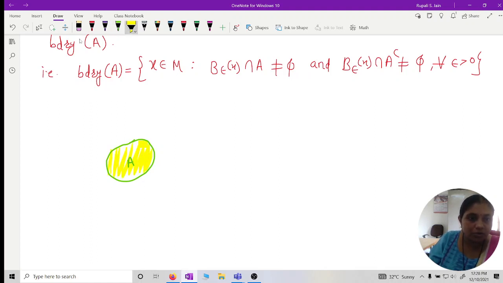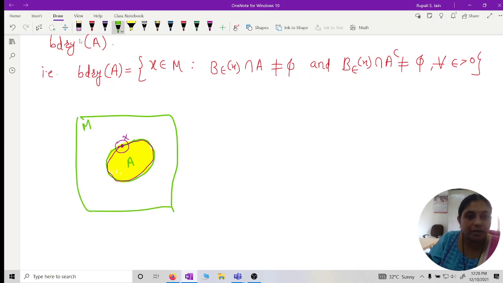These are nothing but all these points, whatever is in yellow color. These are the interior points of A, right? And what are boundary points? Boundary points are nothing but whatever is denoted by green. These are all boundary points, because if I take this X, whatever neighborhood I take, it will intersect A and its complement. Okay, this is my whole metric space M, D. This is my M. This is my A.